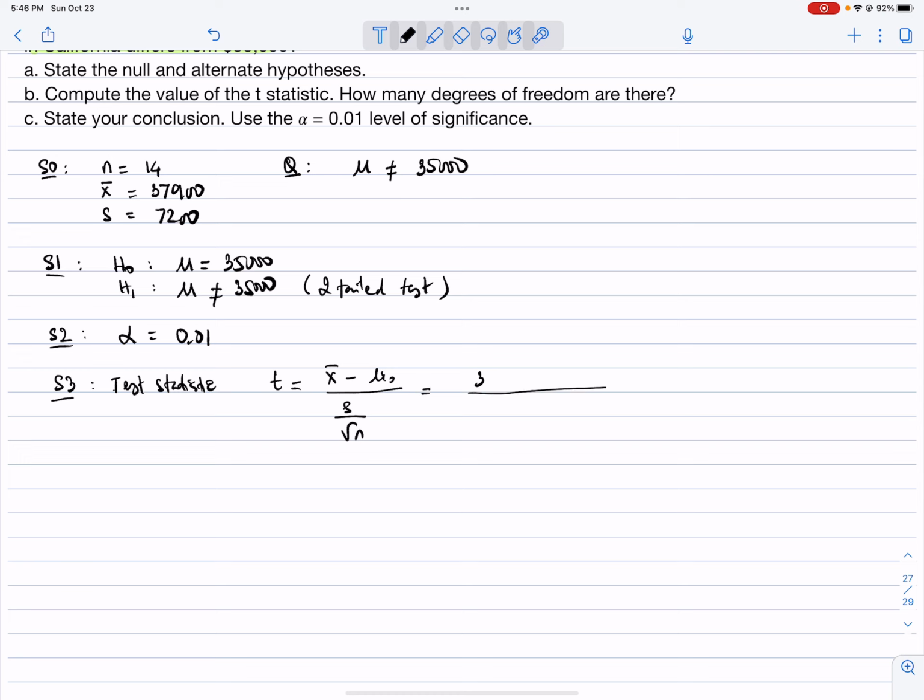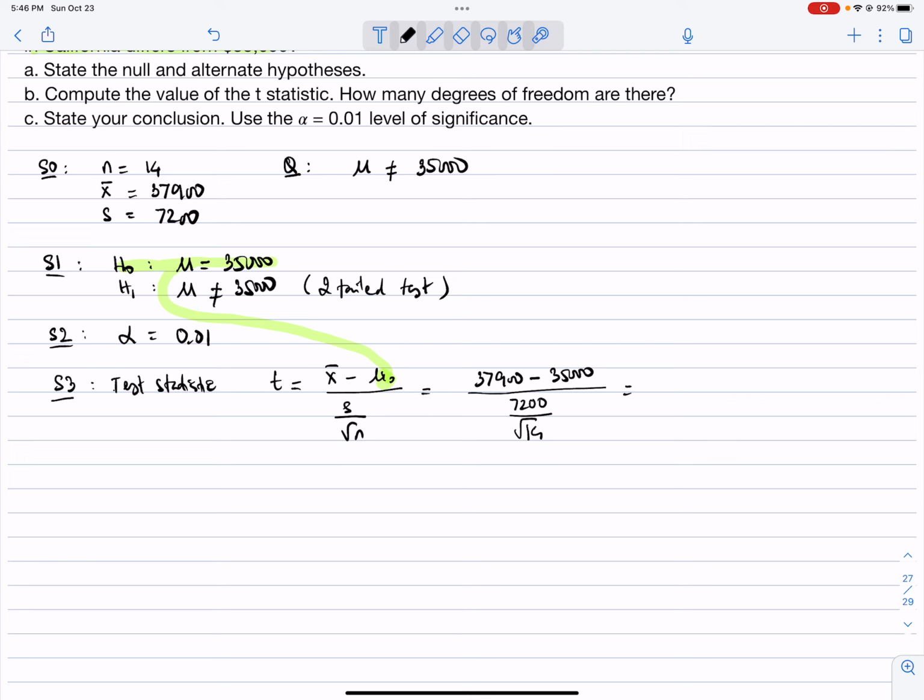X bar is 37,900 minus mu naught. Mu naught is mu under the null, and that is 35,000, divided by S, which is 7,200 over square root of 14.